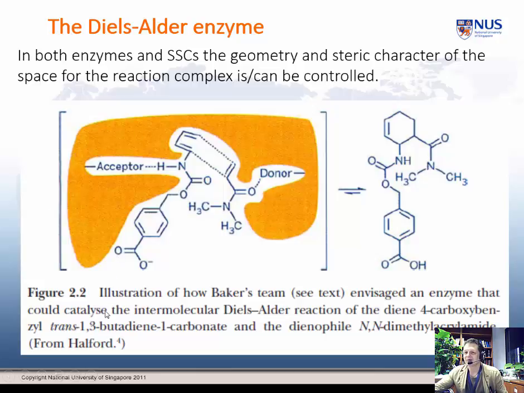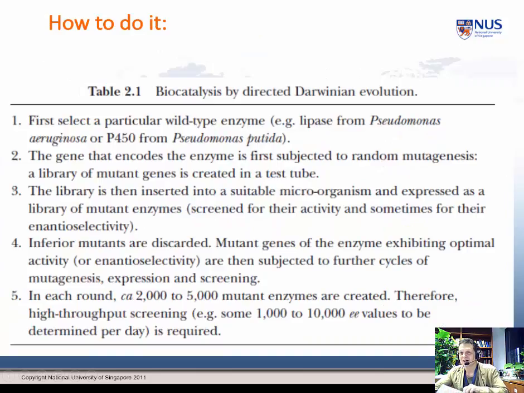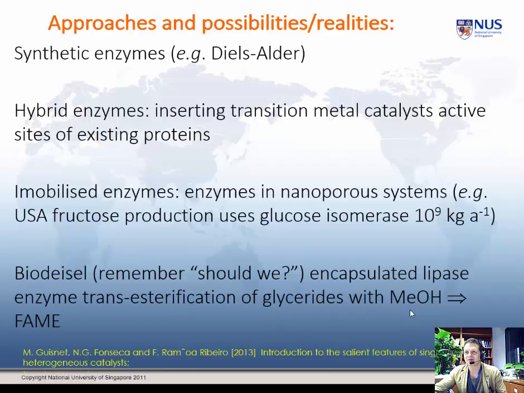They imagined an enzyme that could catalyze a Diels-Alder reaction, like that. That was what their aim was. And the way they went about it is they actually tried a bit of Darwinism, I suppose, of punctuated mutation from some wild type organism, and this is the method they used.